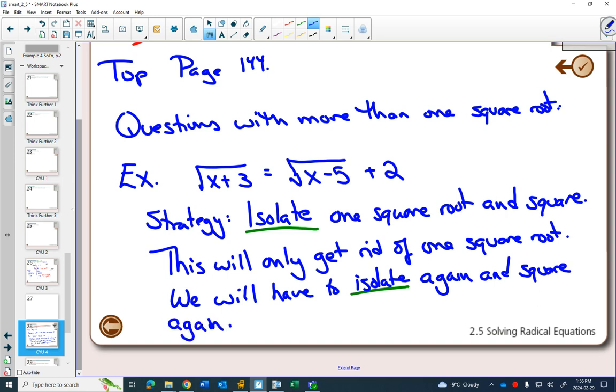These are a little bit more tedious because we're going to have to isolate again and square again.